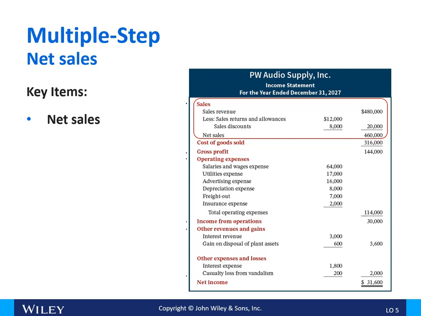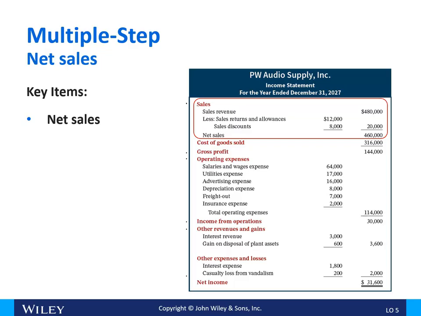So net sales. Sales is a new category. We saw sales revenue before on the income statement, but now we've got potentially sales returns and allowances and sales discounts. So we're going to show that in the sales section to go from our sales revenue, the gross amount, to our net sales.